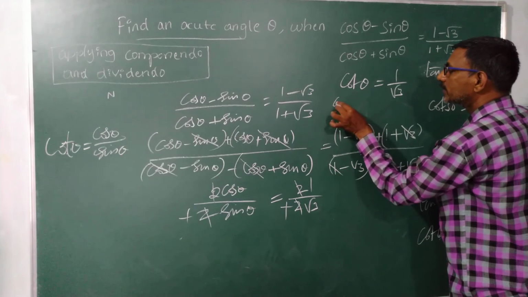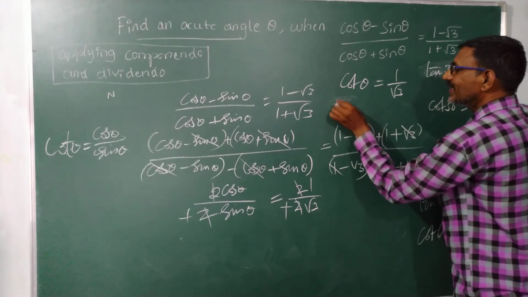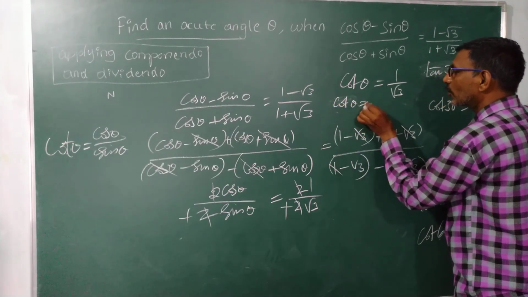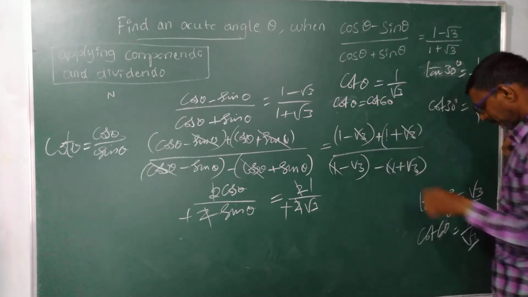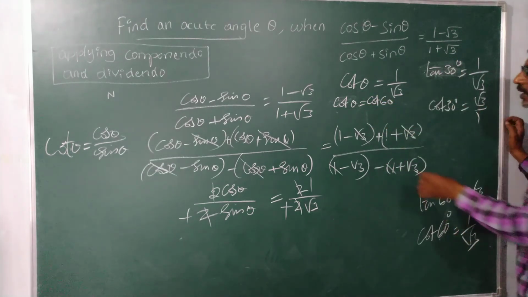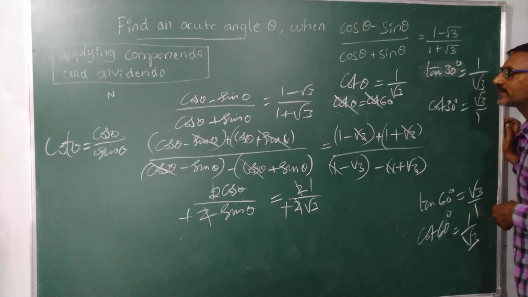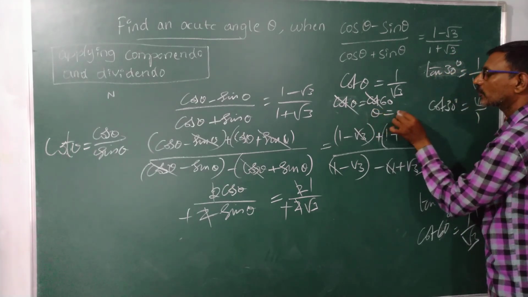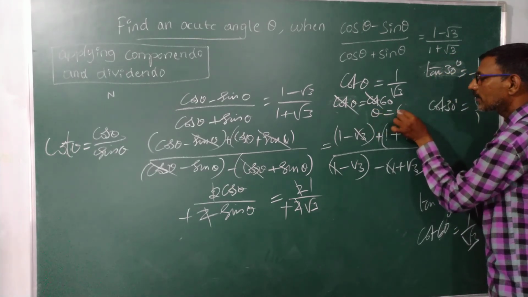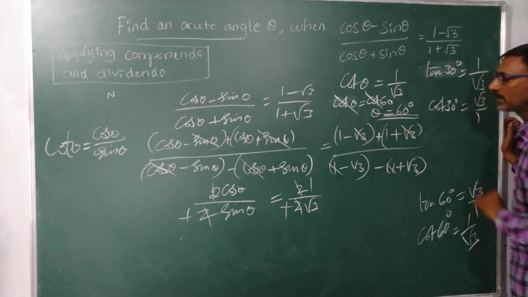So cot theta is equal to cot 60. Cot gets cancelled, and theta is equal to 60 degrees. This is my answer.